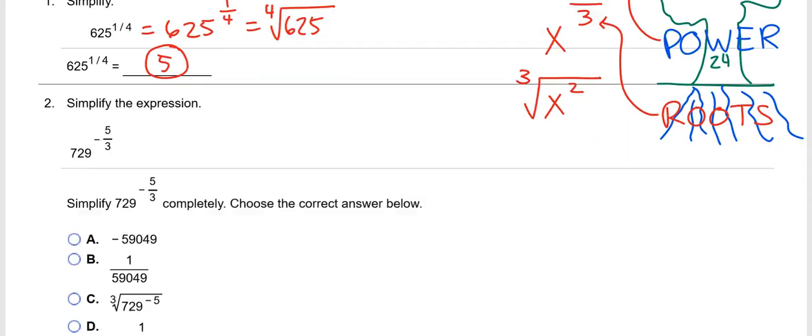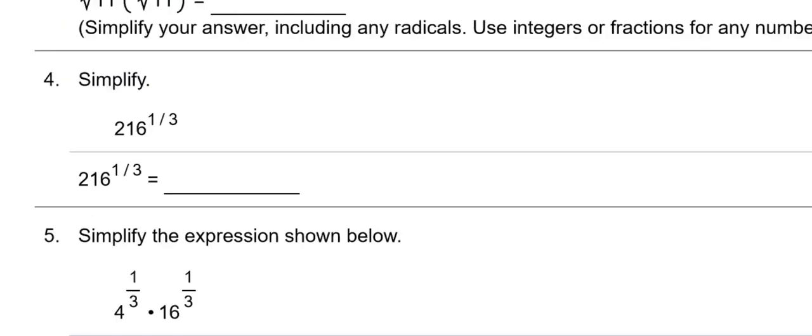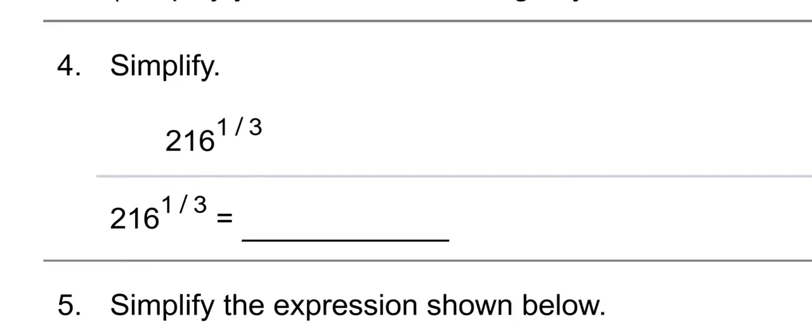Okay. Skip ahead to question 4. We're going to do very similar problems as we go through this, which does cause me to skip problems here and there, and then we'll start coming back to the more difficult things. We need to build this up. What root are we dealing with? It is a cube root.